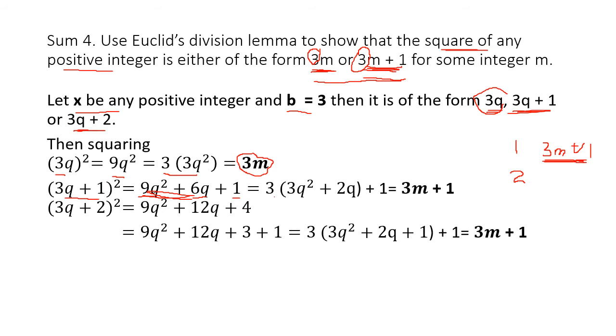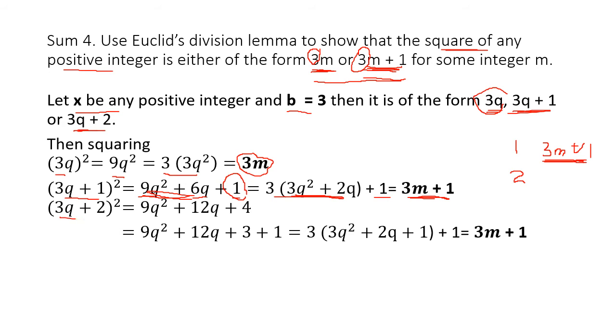So I have taken 3 into 3q square plus 2q, taking the 3 common, and this 1 lies outside the bracket. Now inside this bracket, this number, I took it any random number m. So this form became 3m plus 1. Can you see? So it's in the form 3m or 3m plus 1.